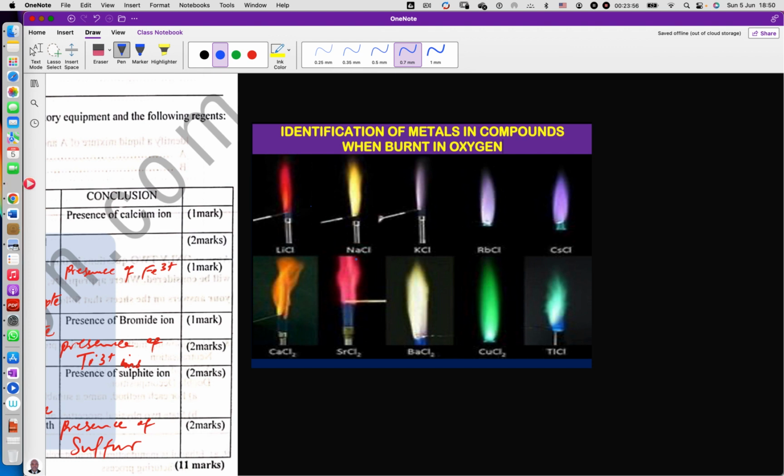That is the flame of sodium chloride, golden yellow. That is the flame of potassium chloride, lilac. That is the flame of rubidium chloride, cesium chloride, calcium chloride.